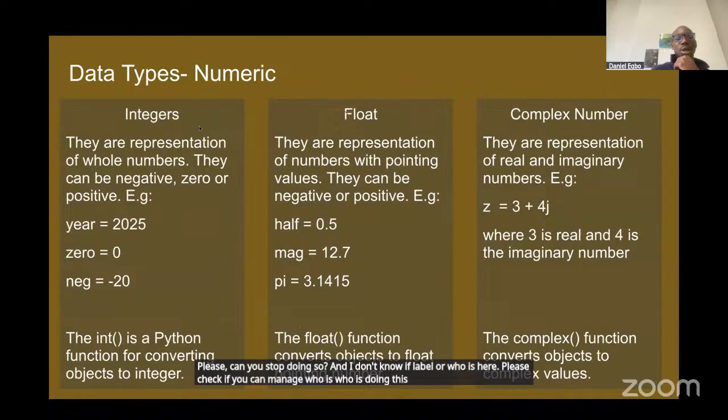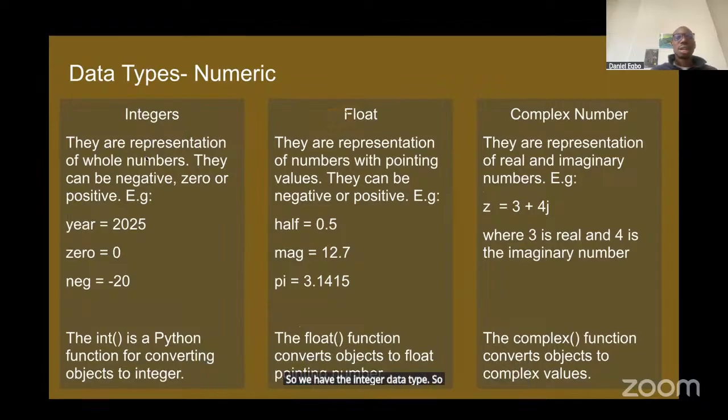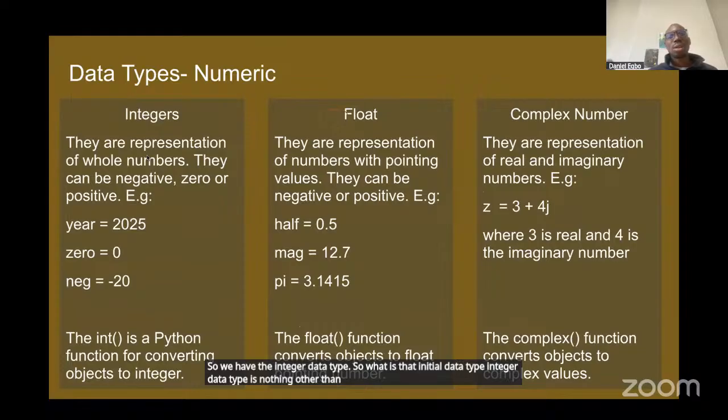So for the numeric data type, numeric is more like a combination of the other data types. But I just want to categorize it that way so that you know that these all fall into numeric data types. So we have the integer data type. So what is an integer data type? An integer data type is nothing other than a mathematical whole number.